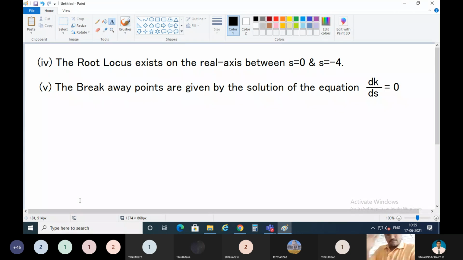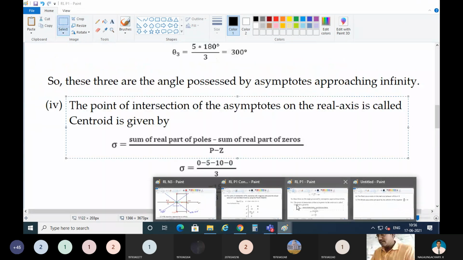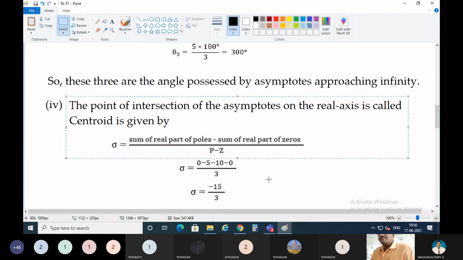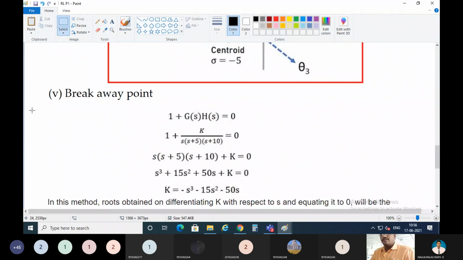So dk by ds means first write the characteristic equation. This is the procedure.